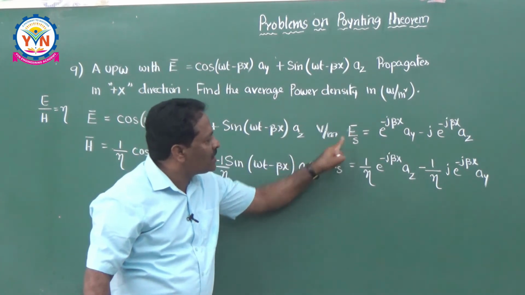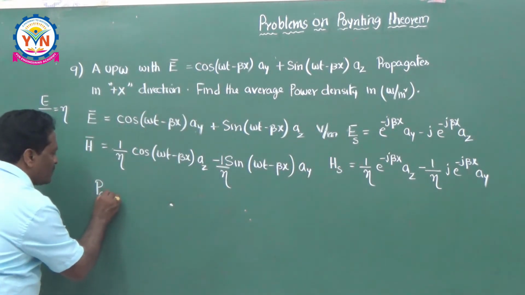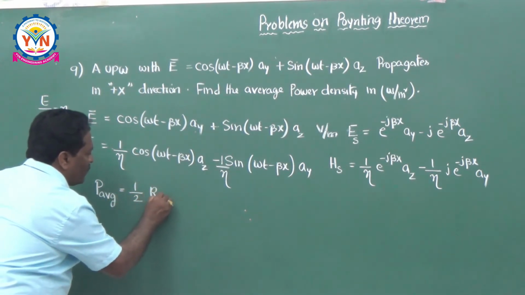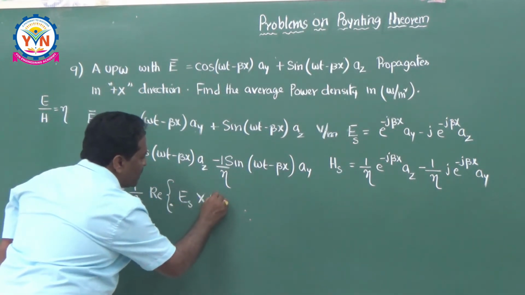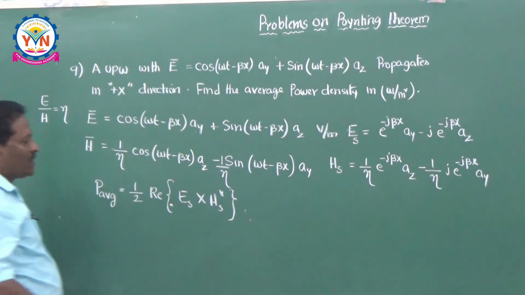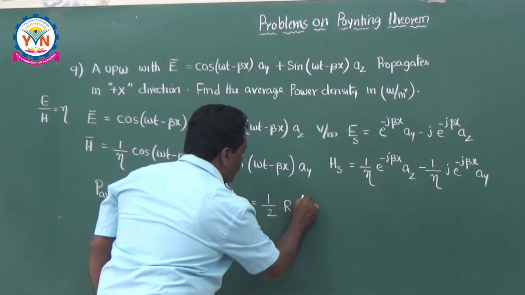Once you know this ES and HS, then what is your average power? Average power is equal to half into real part of ES cross HS conjugate.